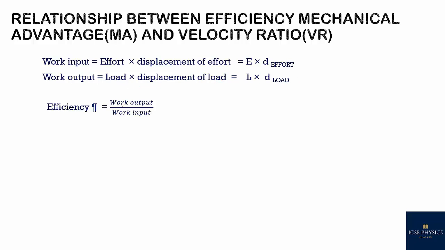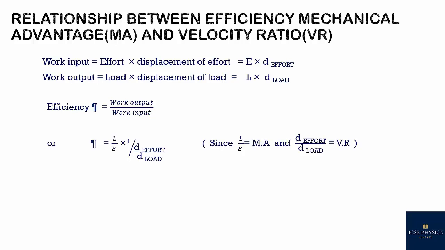Then what is efficiency? It's work output by work input. So what will it be? Work output is L into D load, by work input E into D effort, right? That we can write as L by E into D load by D effort. What is L by E? We all know that it is mechanical advantage. So L by E is mechanical advantage.